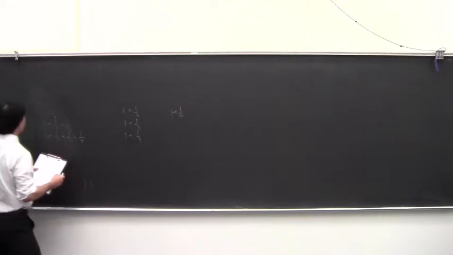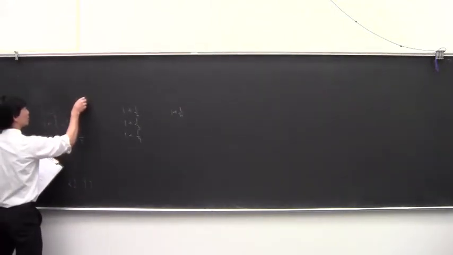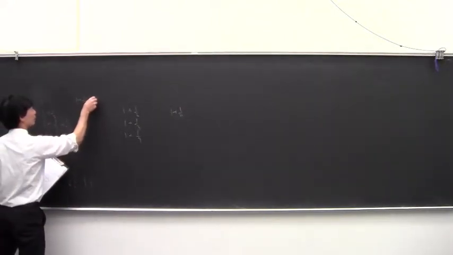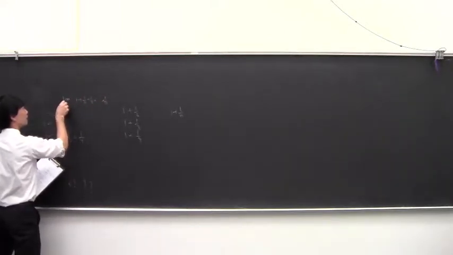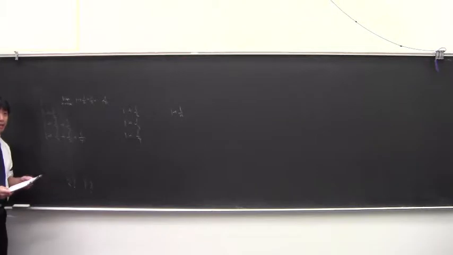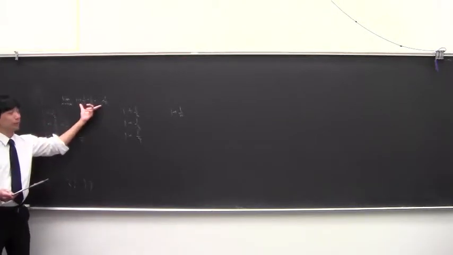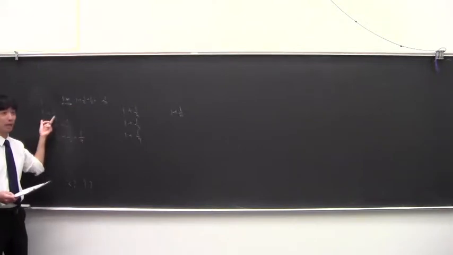But here what we're looking at is 1 plus 1 half plus 1 third plus up to 1 over n as n goes to infinity, right? So the number of terms is increasing at the same time.